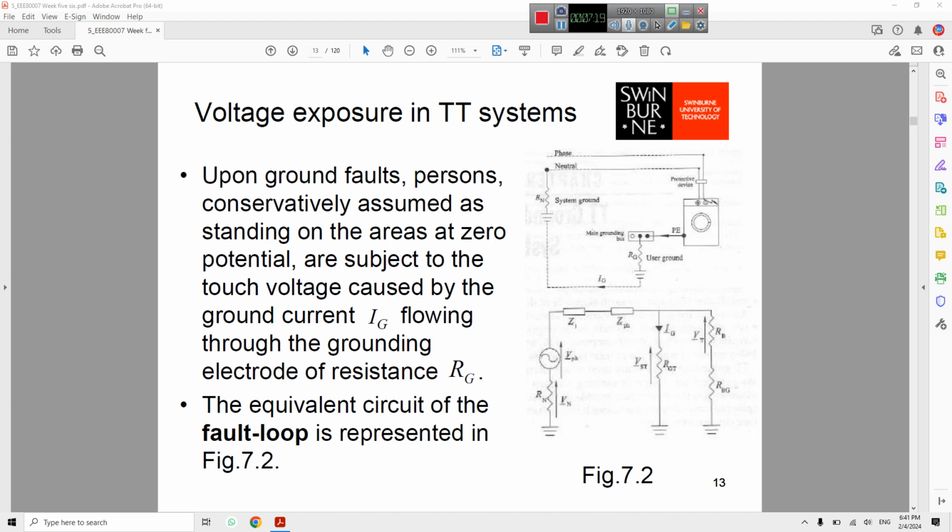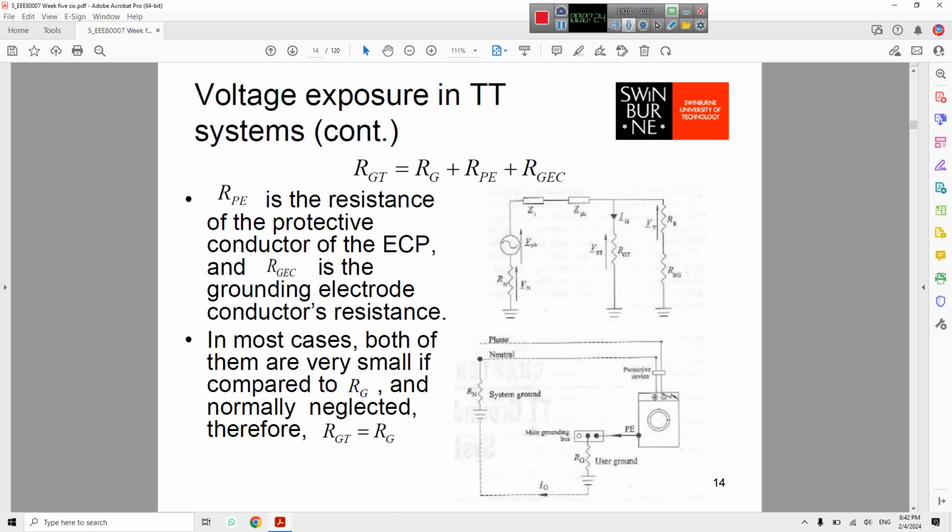So ground current here. RG total is represented by RG, ground resistance, and RPE, PE is this one.